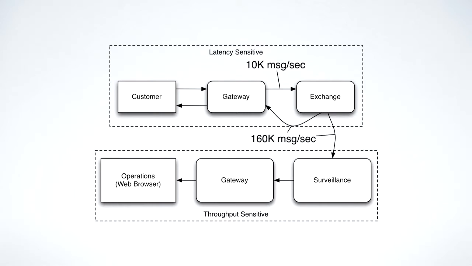These are numbers that we benchmarked a few months ago. We've upped these a little bit recently. We have an interesting quirk in the way our system works, that we'll get about 10,000 transactions per second in, but that will result in something like 160,000 messages per second out. This is because an individual order may have about 3 or 4 response messages to an input message.